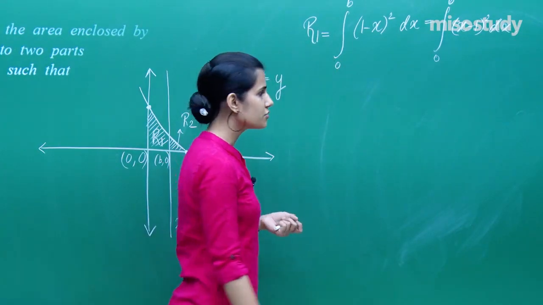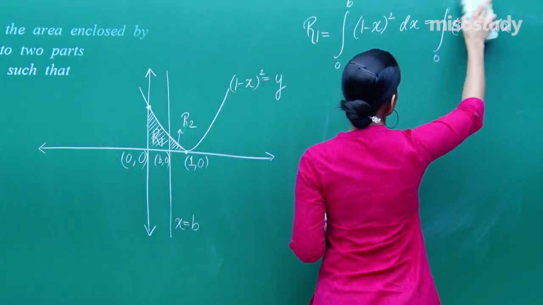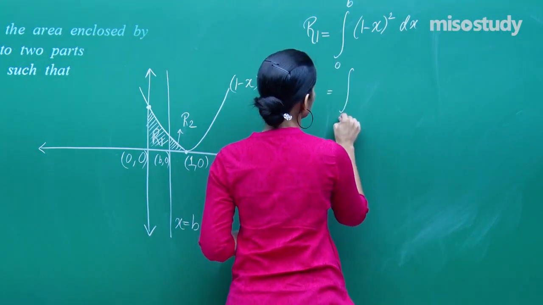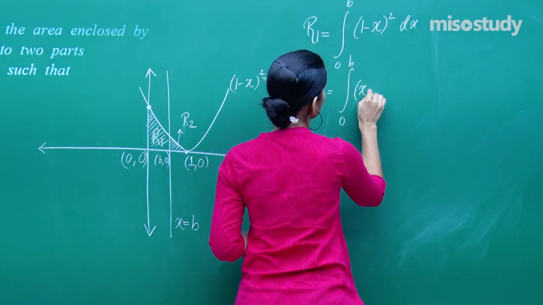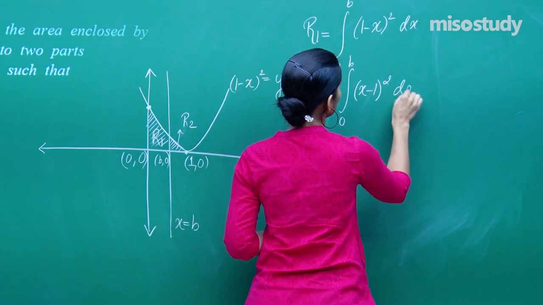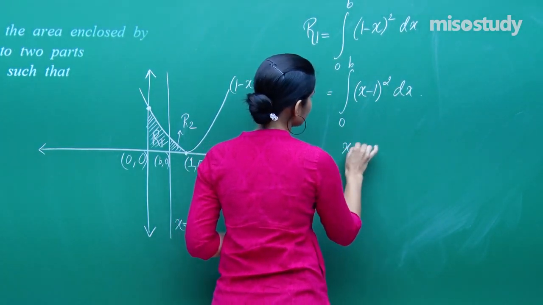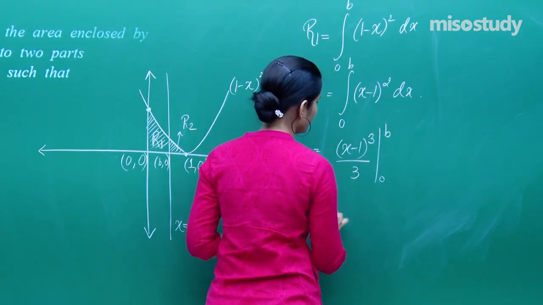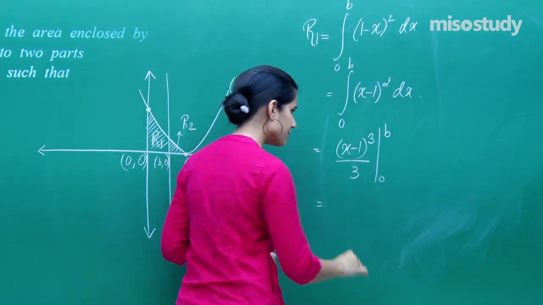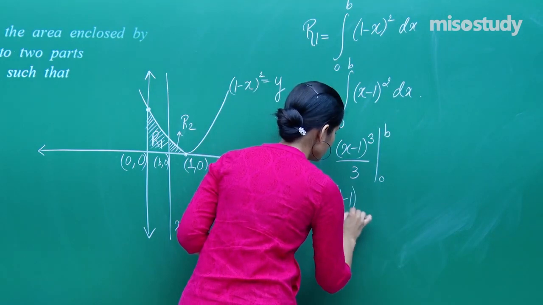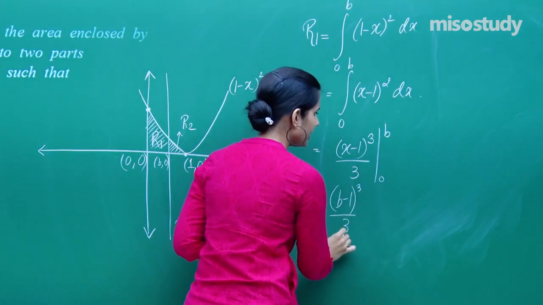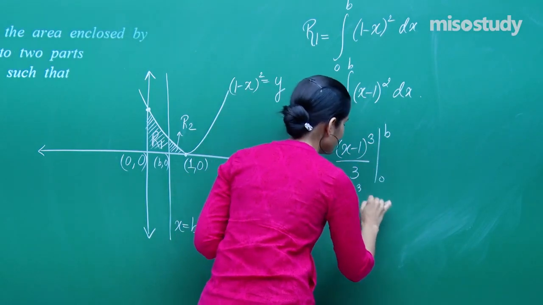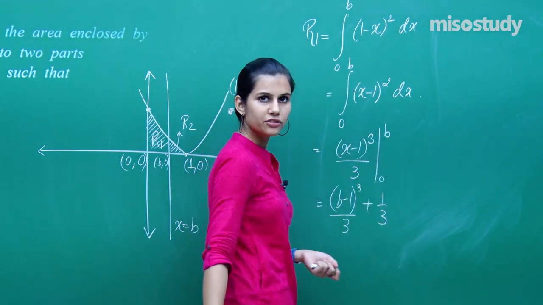If this is how you are going to write it, you are going to get x minus 1 whole cube by 3 from 0 to b, which gives you b minus 1 whole cube by 3 minus minus 1 cube by 3, which is plus 1 by 3.